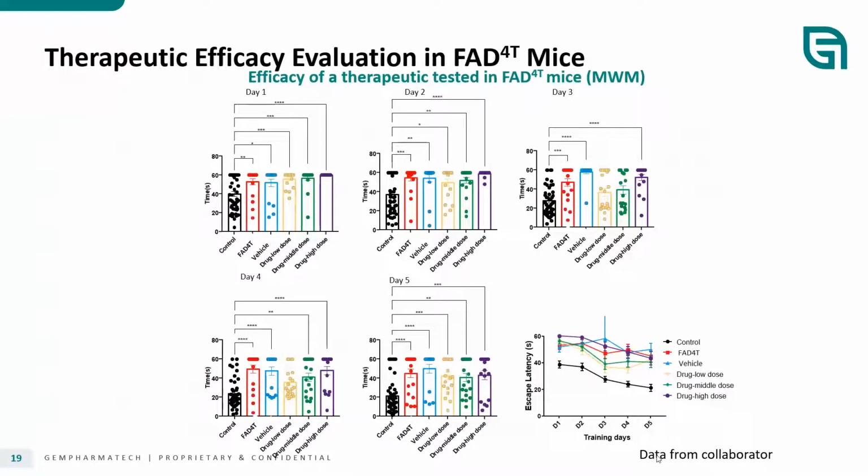In a test looking at therapeutic efficacy of an experimental drug in the animals, tests were done at a low, medium, and high dose. As you see on the x-axis, each examination looks at performance over training time.